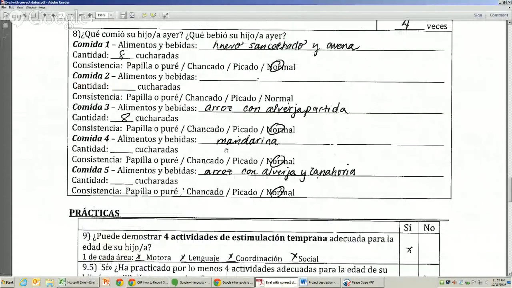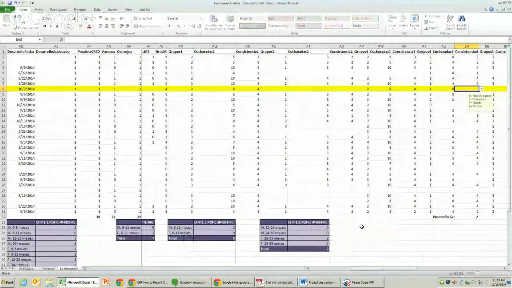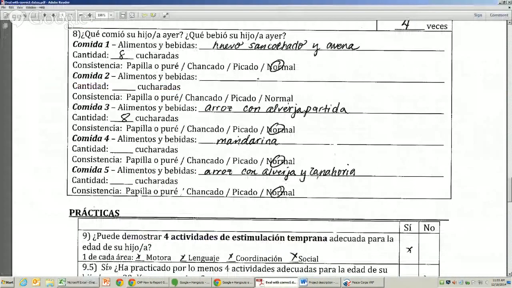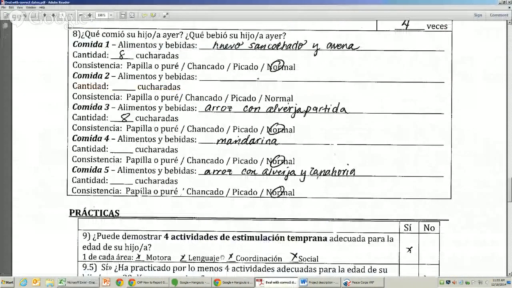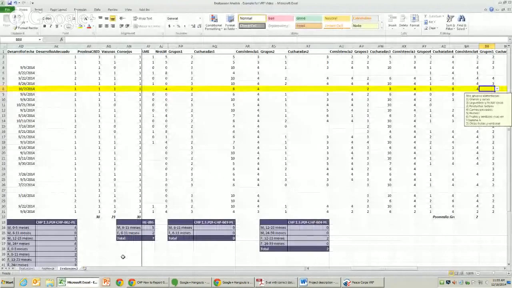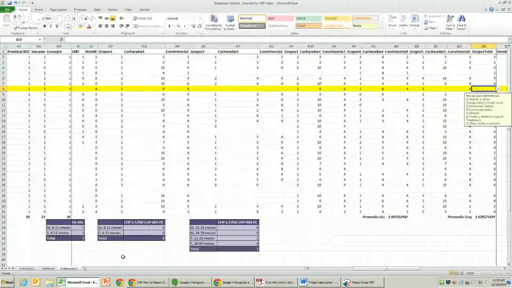And then, again, this one doesn't say how many cucharadas, but a mandarina we can assume is maybe like 6 or so, if it's a good sized mandarina. So it's 1 group, about 6 cucharadas and normal consistency. And then the last meal of the day had 3 groups. We don't know how many cucharadas, but it was normal consistency. So there we go. We don't know this one, so I'll have to leave it blank.